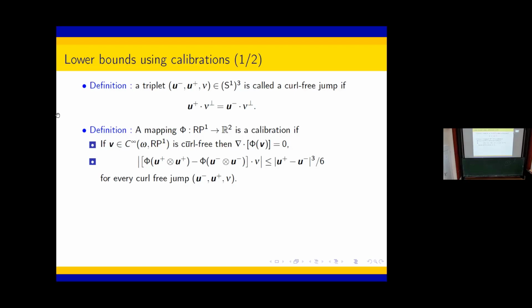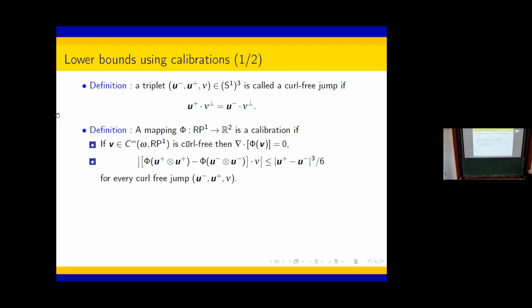And I consider the calibration, these are the entropies of the preceding in this situation. But I ask something more: I ask that the jump in direction u is smaller than the cost of the 1D transition.